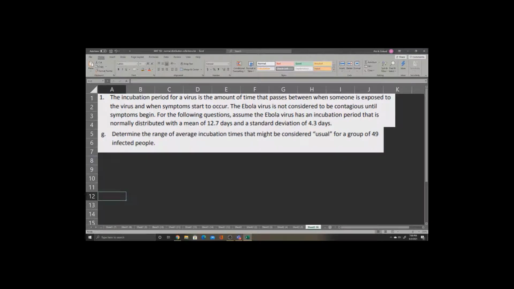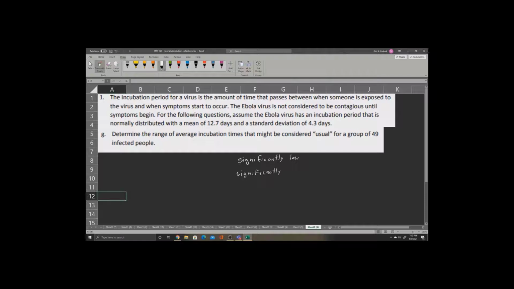Problem G asks, determine the range of average incubation times that might be considered usual for a group of 49 infected people. Now, to find the usual range, we need to find the significantly low values and significantly high values. Now, ordinarily, our significantly low value would be the mean minus 2 times the standard deviation.